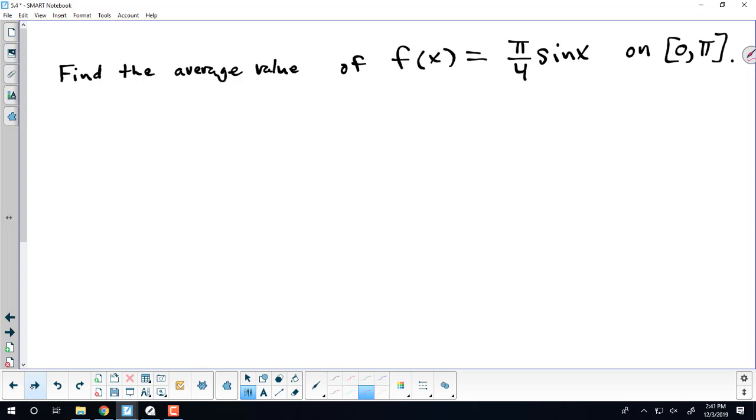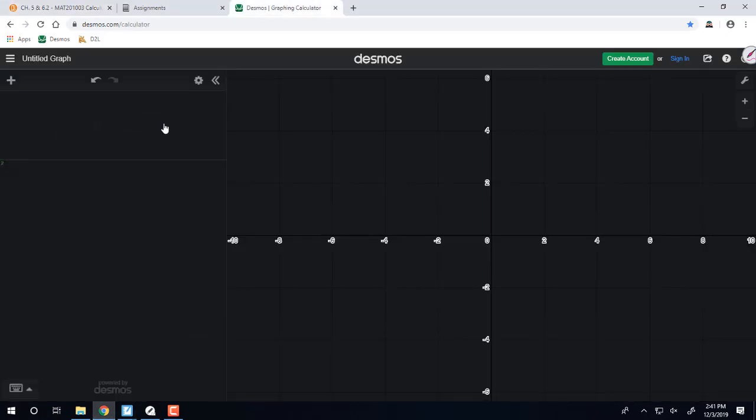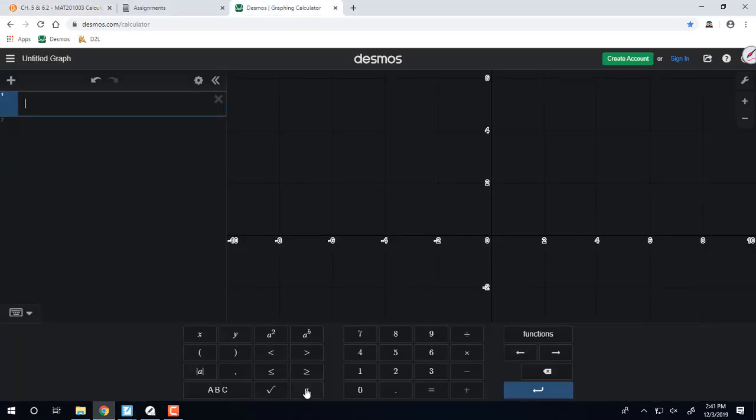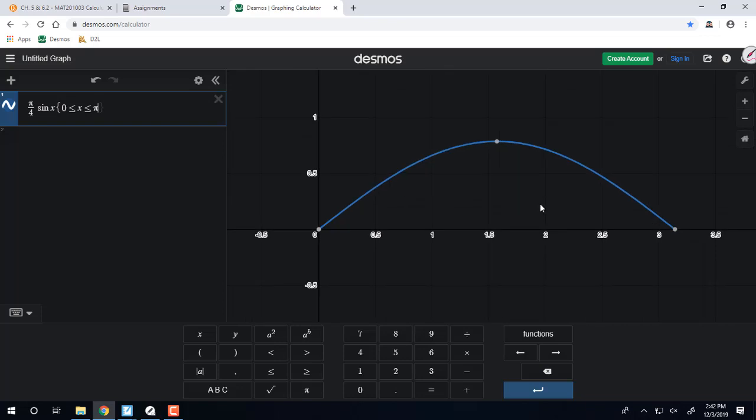So let's look at this visually too. All we're asking is, if we were able to look at every single y value here, from here to here, all of these y values, on average, what would they be?